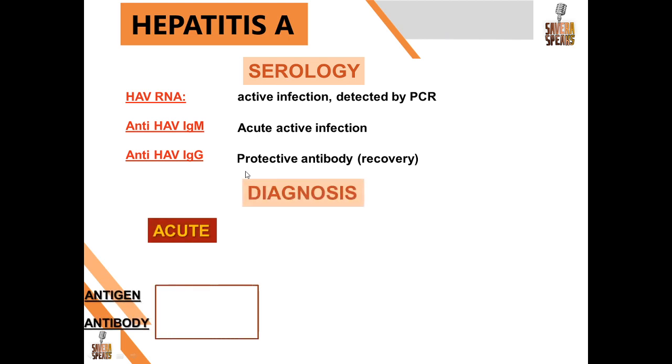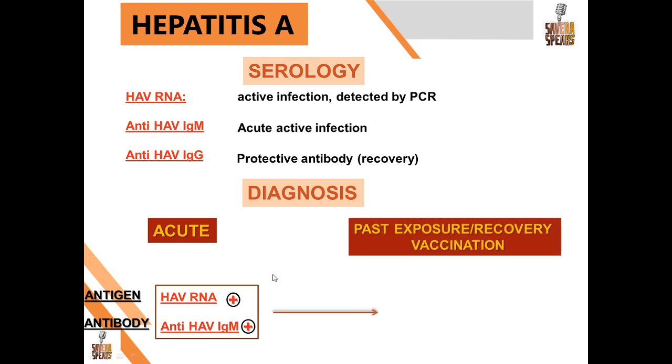So we made the diagnosis. In acute stage, the HAV RNA will be present, and the acute antibody, that is IgM anti-HAV, will be positive. Since this does not progress towards a chronic, it will eventually be recovered. So after the exposure, or if the patient is vaccinated, which antigens and which antibody will be there?